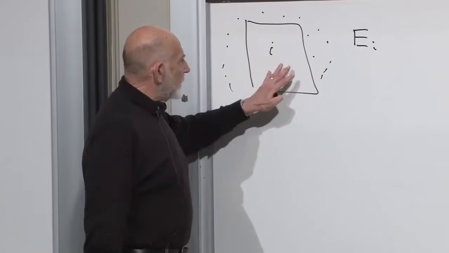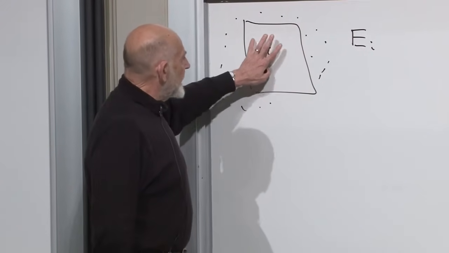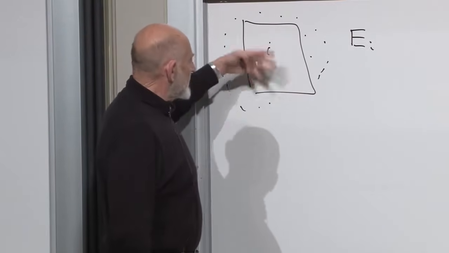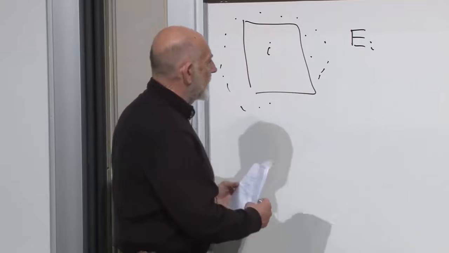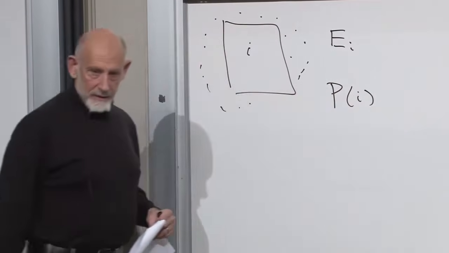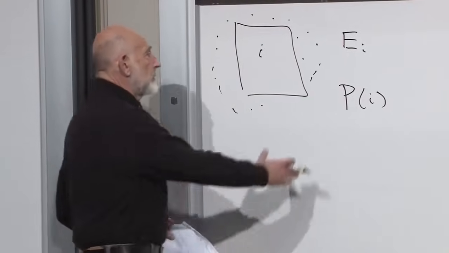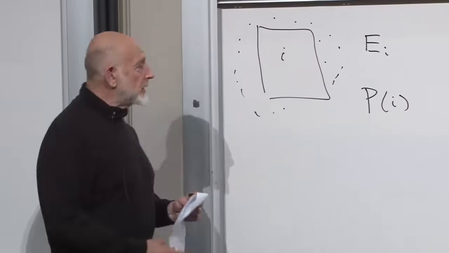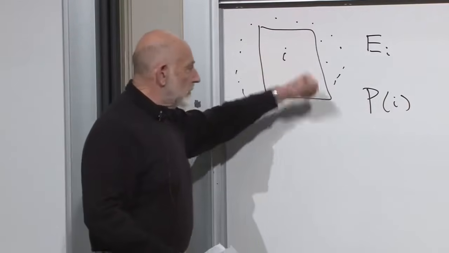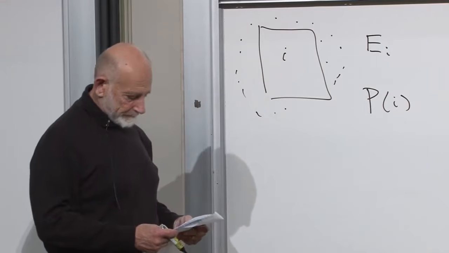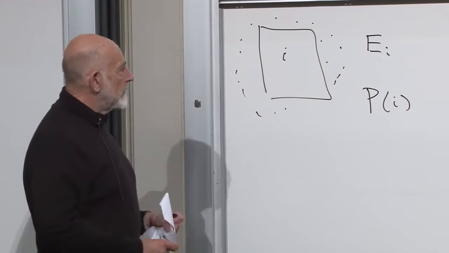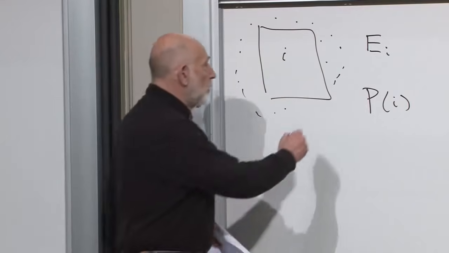But on the average, in equilibrium, there is some probability that the system is in the ith state with energy E sub I. That becomes probabilistic now because it's interacting with an environment. There's some P sub I, and that P sub I satisfies some rules.